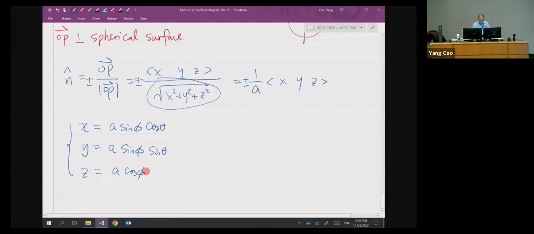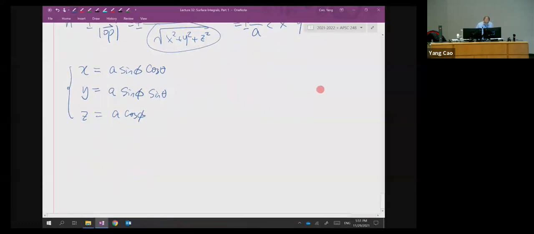Okay. So finally, we can summarize the formula for this surface integral. Let me just quickly finish this. You have F dot n hat dA.